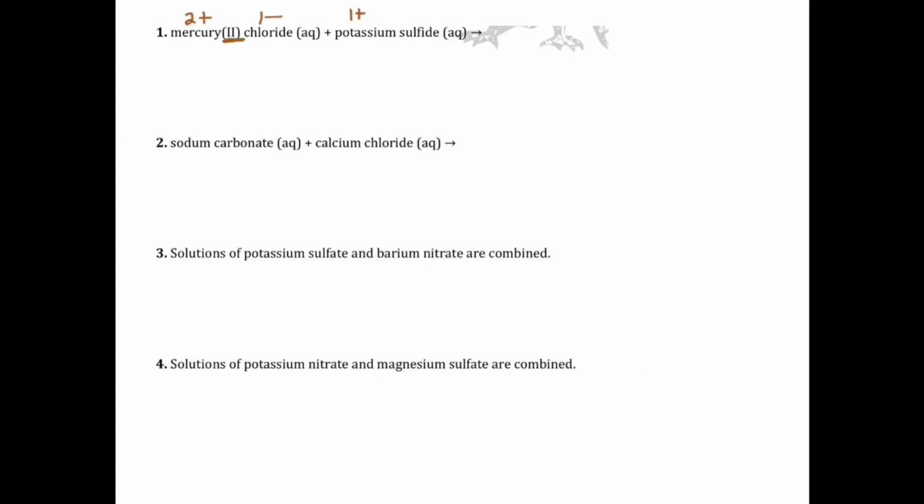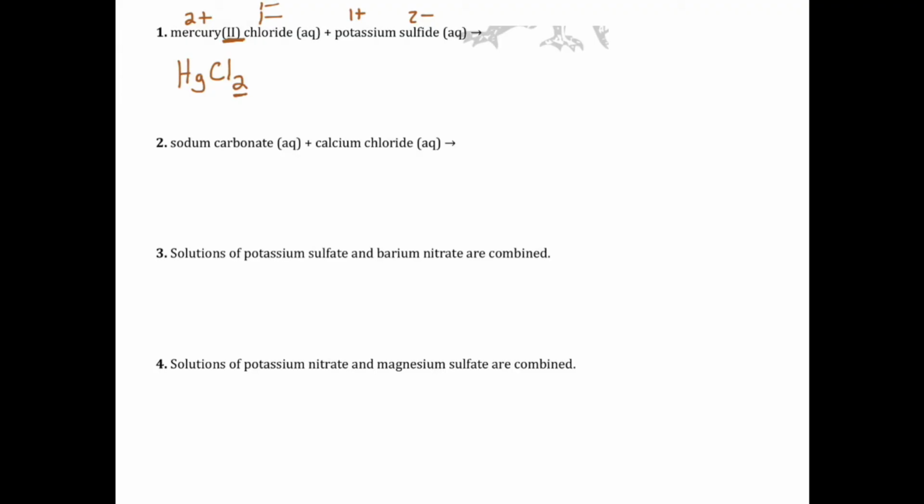And so I like to write the charges above. When we're balancing charges, we want the charges to balance. If we have a total of 2 positive, we need a total of 2 negative. The way we do that is with a 1:2 ratio. And we end up with mercury chloride with 2 chloride. So that is mercury 2 chloride.